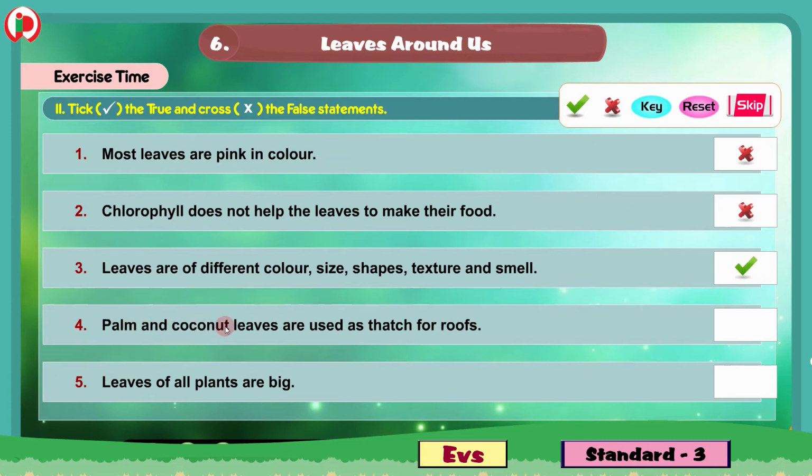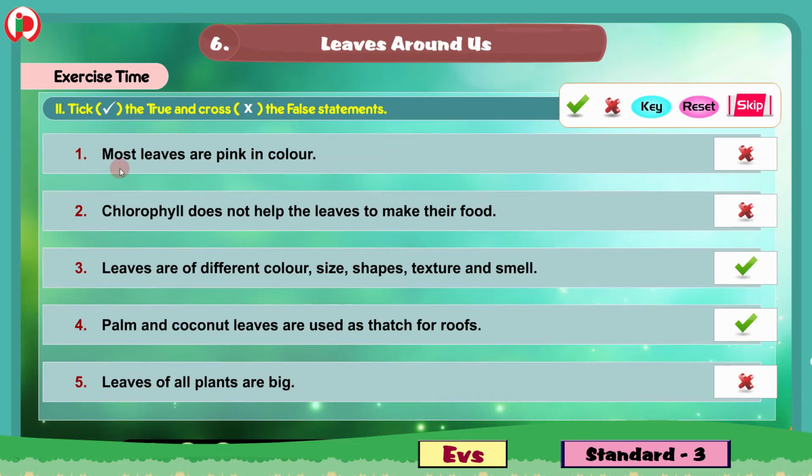Palm and coconut leaves are used as thatch for roofs. This is a true statement. So we will put a tick mark. 5. Leaves of all plants are big. No, this is a false statement. We will put a cross mark.